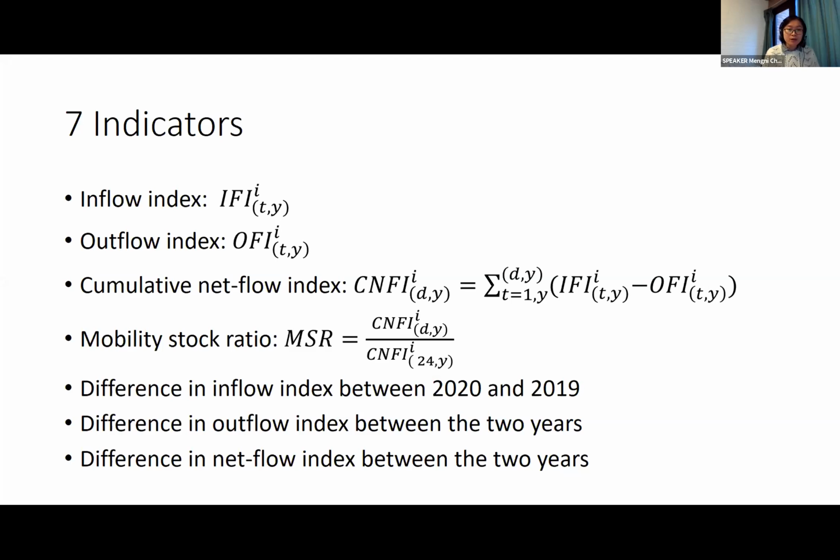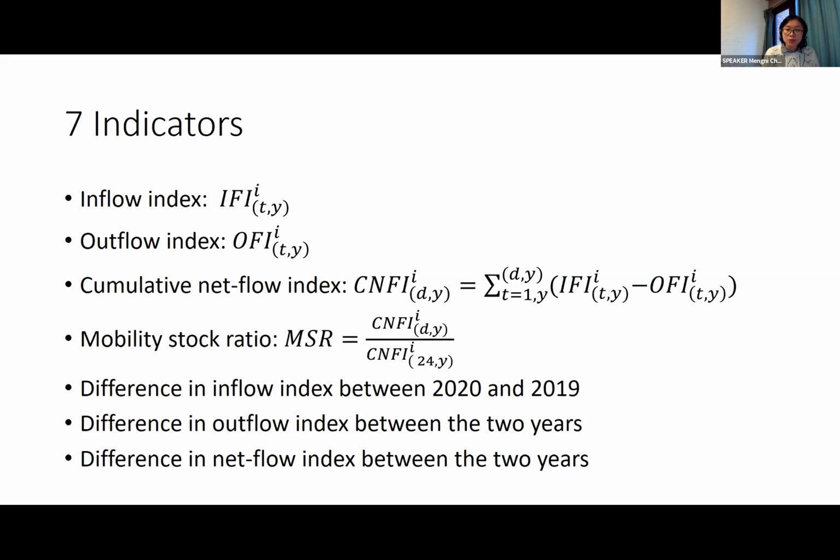The pre-holiday travel rush always starts 2 weeks before Chinese New Year Eve and ends on Chinese New Year Eve. So we see this mobility accumulated and reached the peak level on day 24, that is Chinese New Year Eve. So we take the cumulated net flow index up to day 24 as a denominator, what we call total mobility stock.